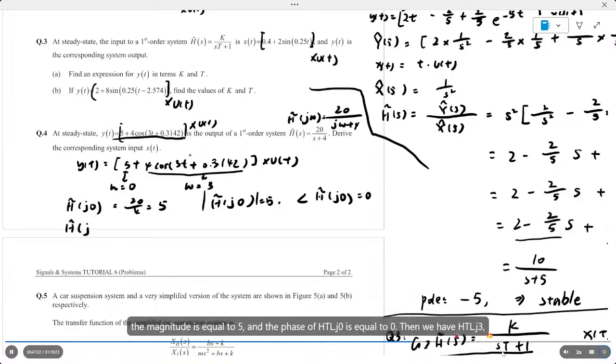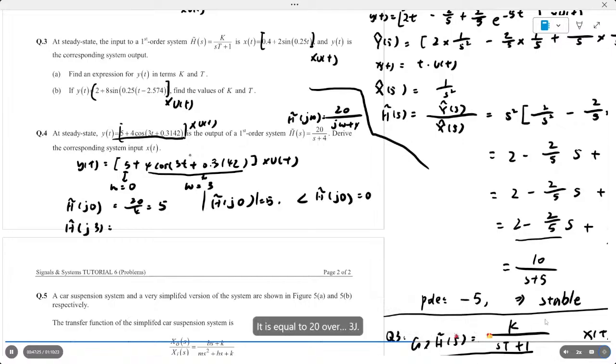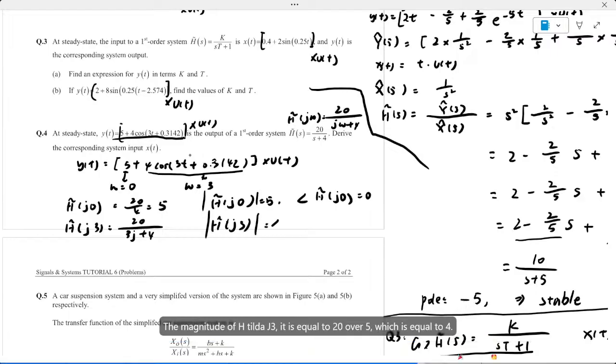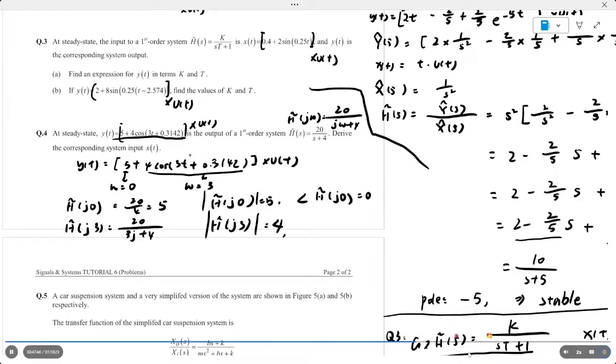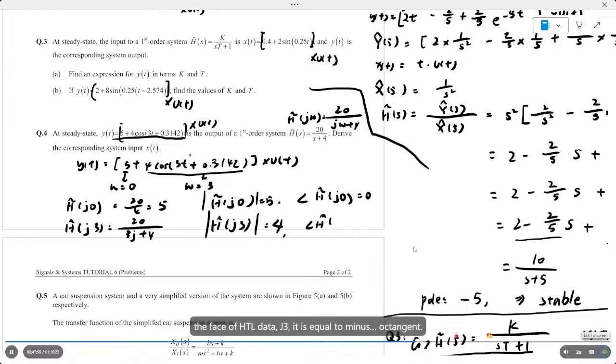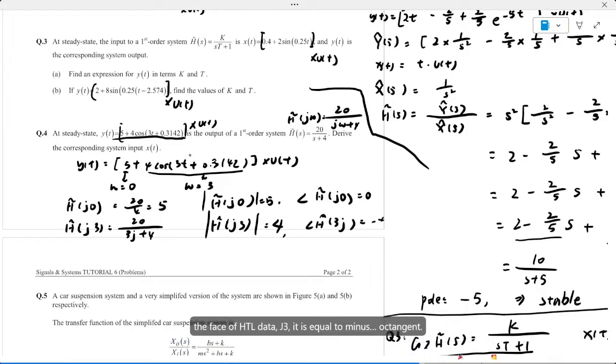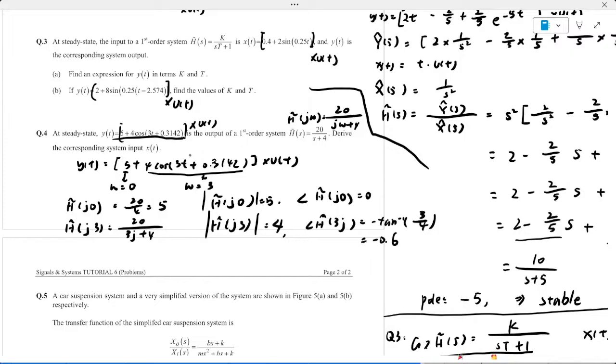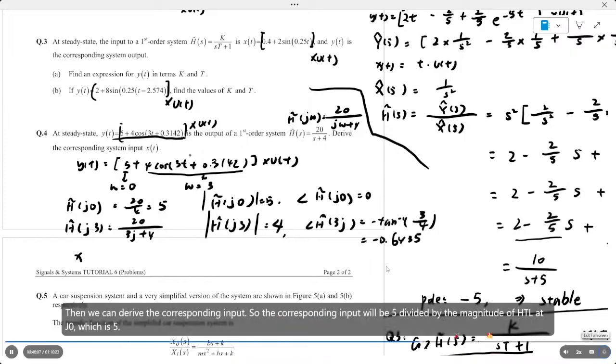Then we have H(j3). It is equal to 20 over 3j plus 4. The magnitude of H(j3) is equal to 20 over 5, which is equal to 4. And then the phase of H(j3) is equal to minus arctangent 3 over 4, which is equal to minus 0.6435. Then we can derive the corresponding input.